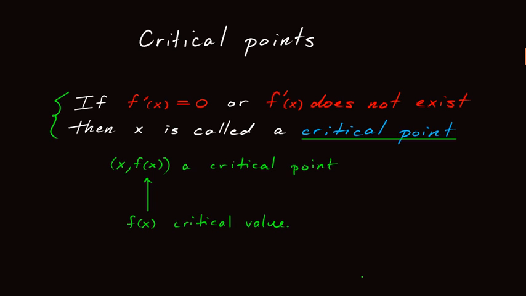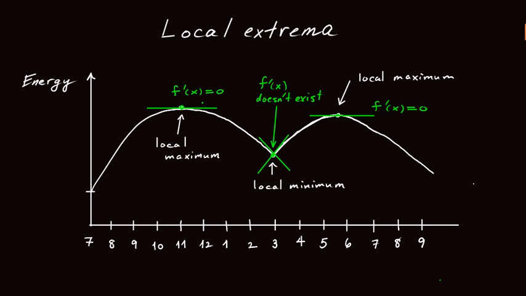Now in the previous example of this energy function, I have critical points here, here, because f prime doesn't exist, and here, because f prime is 0. So those are my 3 critical points. Notice all these are relative or local extrema. The critical values are the value along the y-axis.